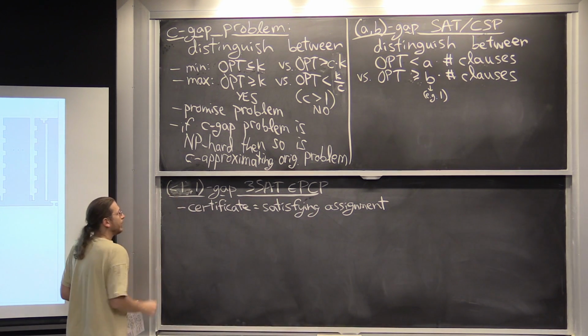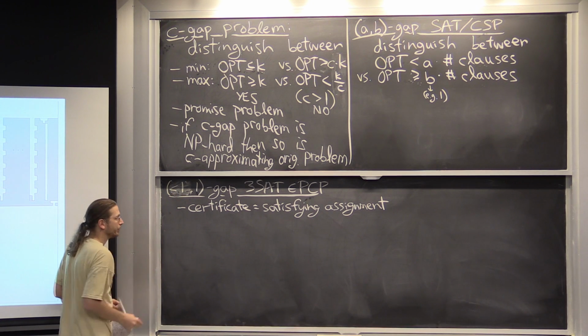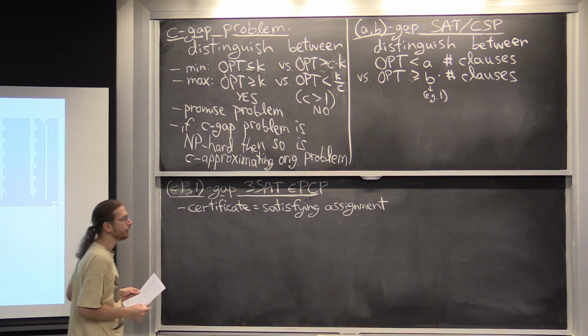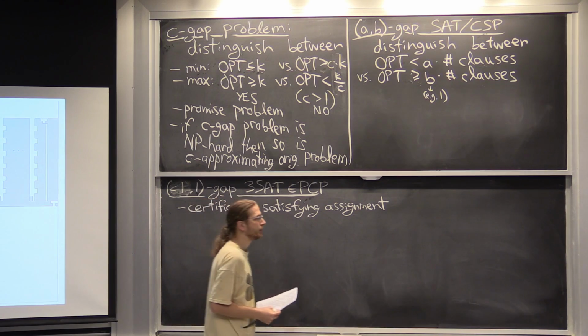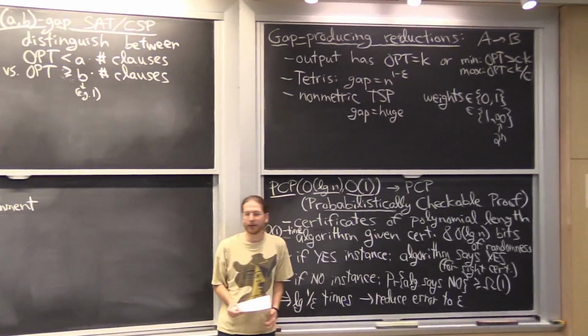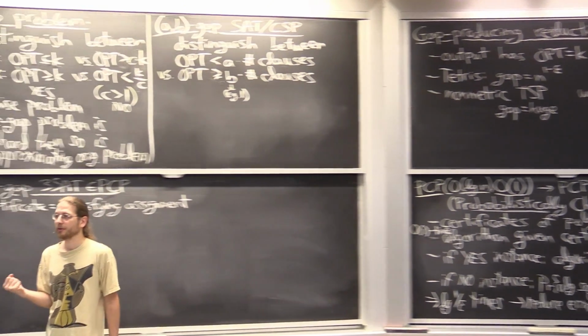In the no instance, let's say at most half of the things are satisfied, if this was 1/2. And so what is my algorithm going to do? In order to get at most constant probability of failure, it's going to choose a random clause and check that it was satisfied.